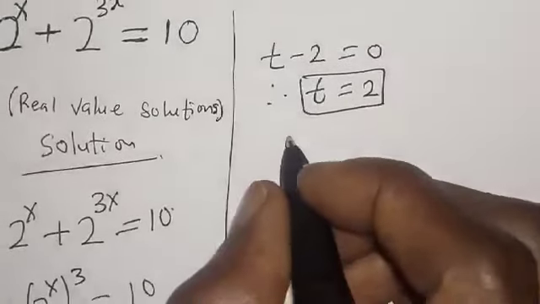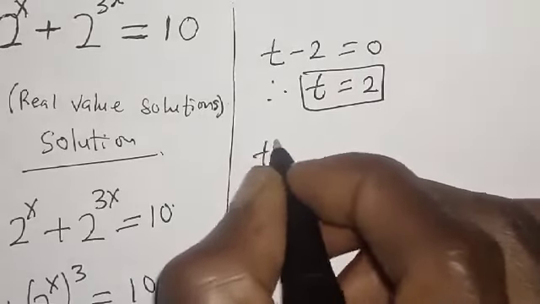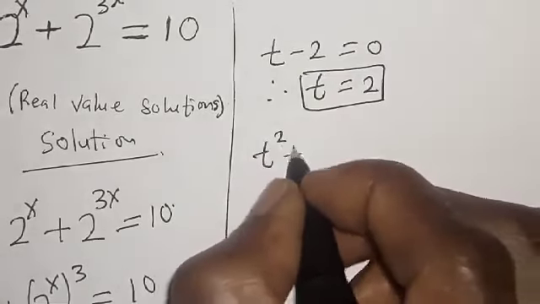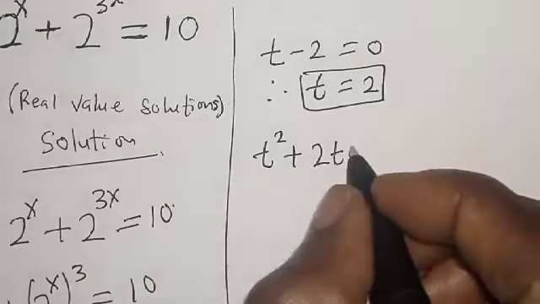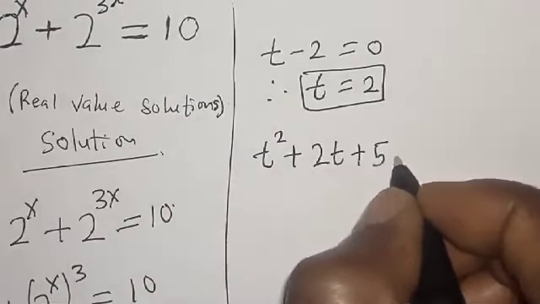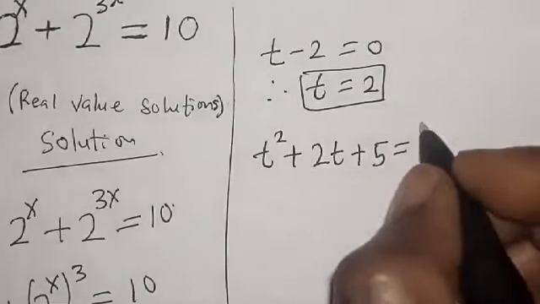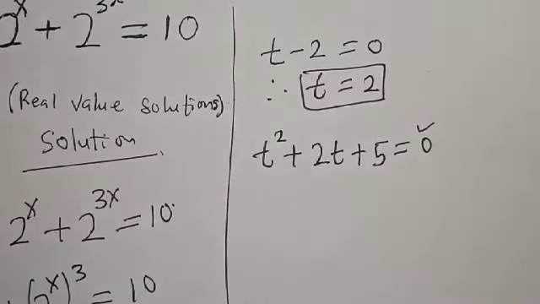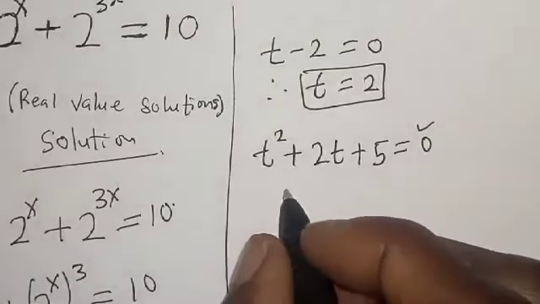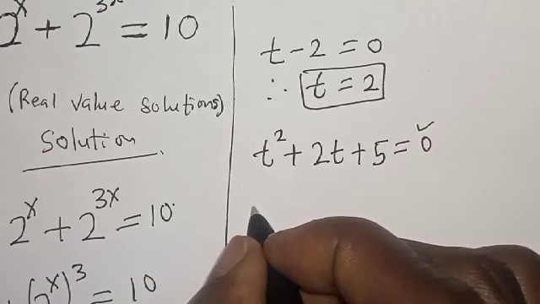And the second case is that t squared plus 2t plus 5 is equal to 0. This is a quadratic equation. Let's solve this using the quadratic general formula.